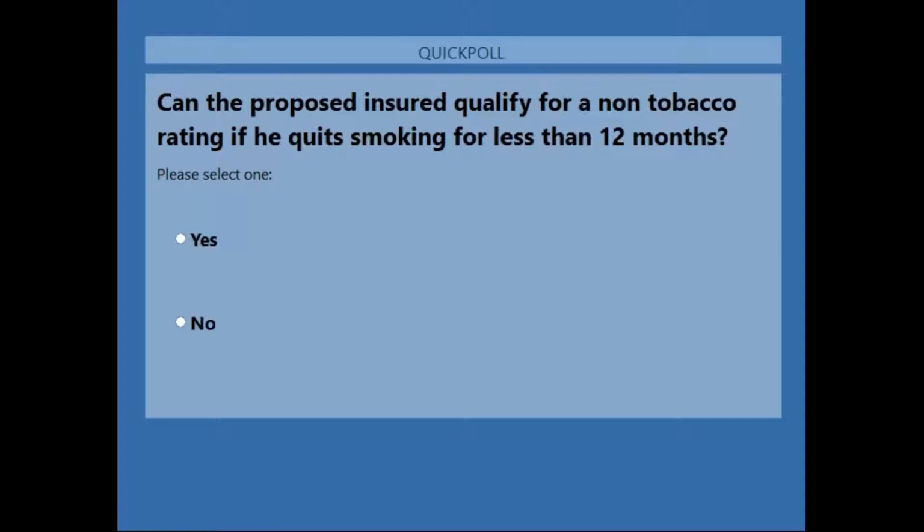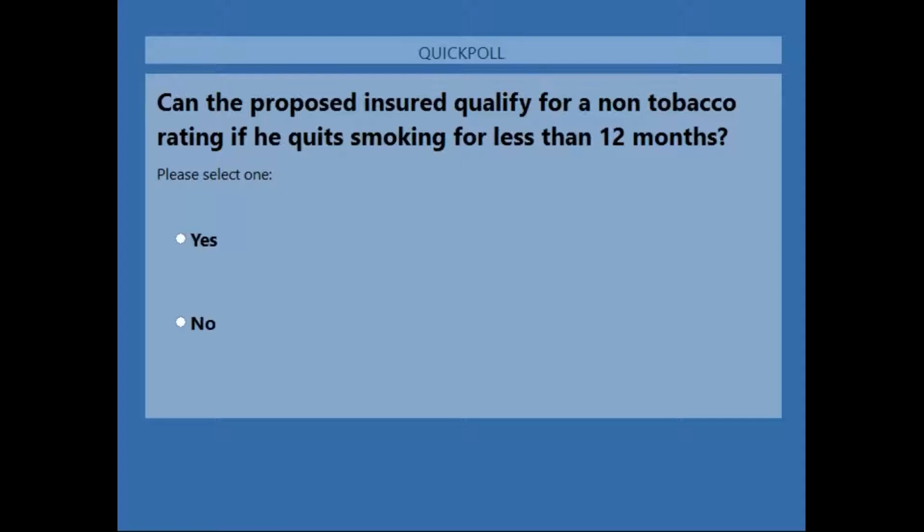And again, here what we're talking about is actual tobacco use of smoking, not cigars or something to that effect. This is a true cigarette smoker who quit 10 months ago. Can they qualify for a non-tobacco rate?